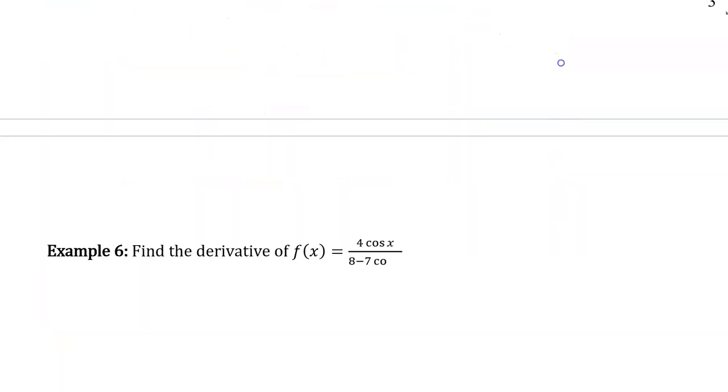So let's do another one. Okay, so here's a quotient one, and that should be 7 cosine x. I don't know why it keeps getting cut off. How strange. Alright, so this is a quotient, so we want f prime g minus fg prime over g squared.